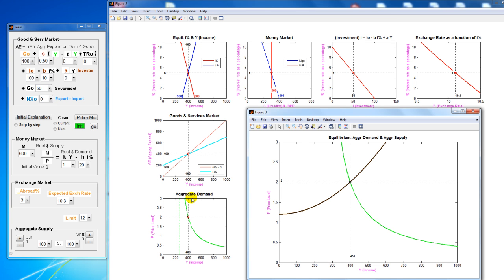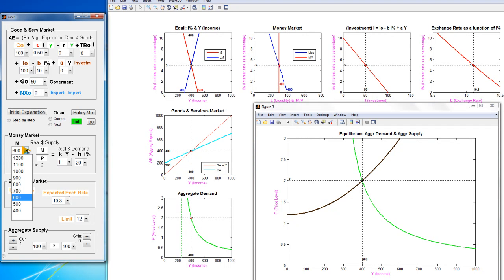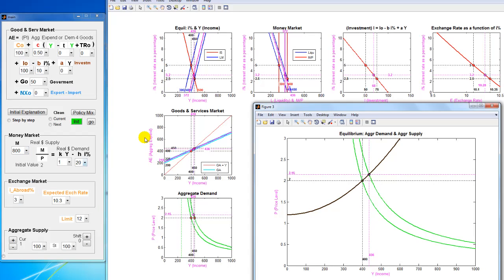Okay, we are going to see monetary policy, so we are going to modify M in the money market. So we are going to increase nominal money supply from 600 to 800, and then we can see two effects.